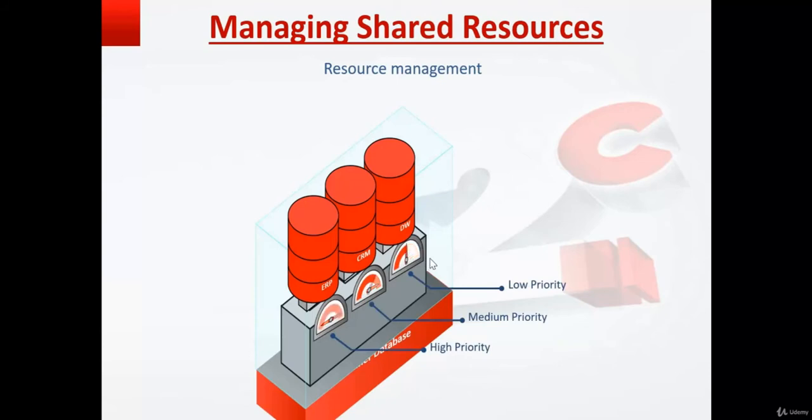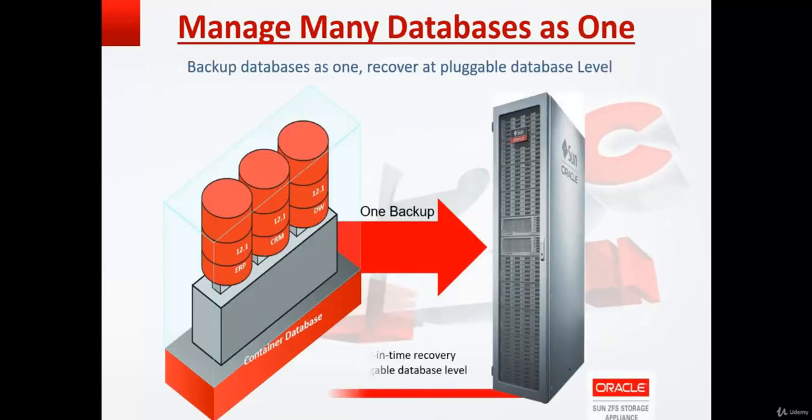Resource management: in the PDB, we can do resource management. For example, some PDBs can be set to low priority, some to medium priority, and some put in high priority. So, efficient resource management.